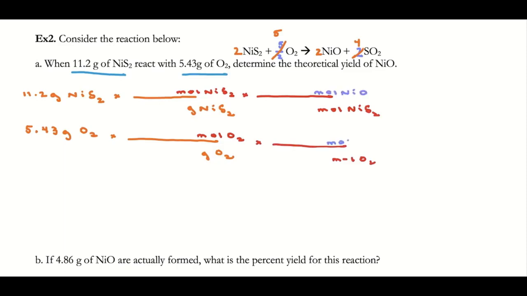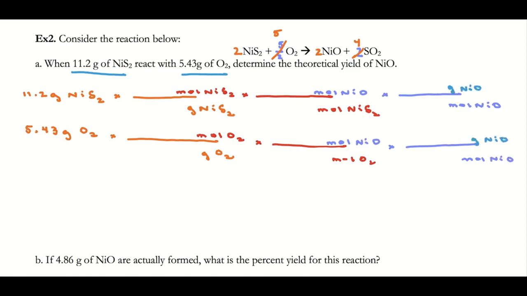Okay, and the last step, because I want to know the theoretical yield, I want to get into grams now of nickel oxide for both of these. Okay, so last step, get into grams. All right, and let's get all of our conversion factors now.